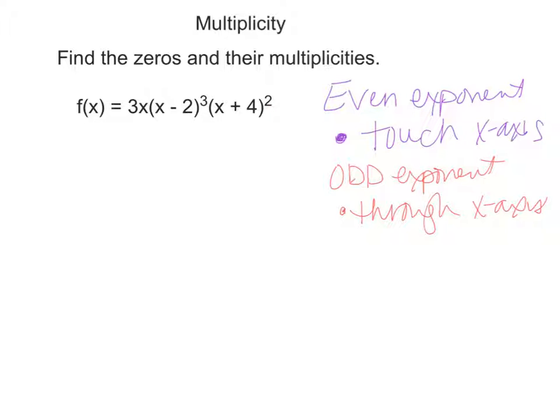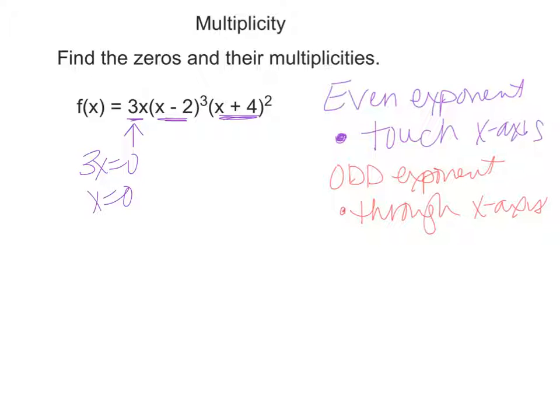So this is what I want you to do. When you go through and you're working these problems, you're going to split this up. Everything that's multiplied is what you're looking at separately. For that 3x, whenever I'm looking at the multiplicity right here of this 3x, you're setting each one equal to 0. So if I have 3x equal to 0, x is simply 0.